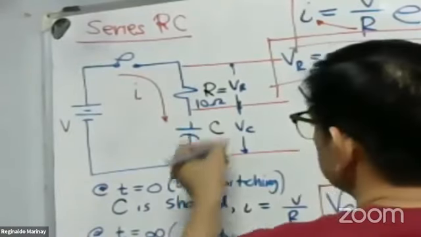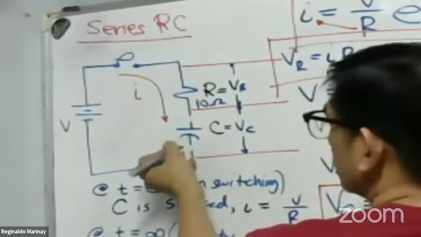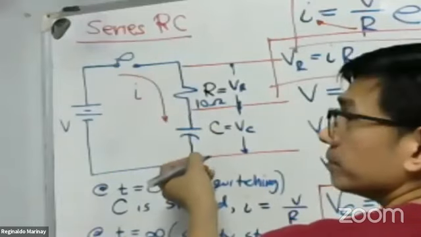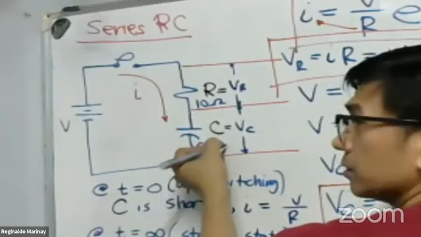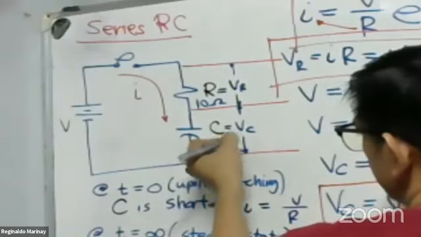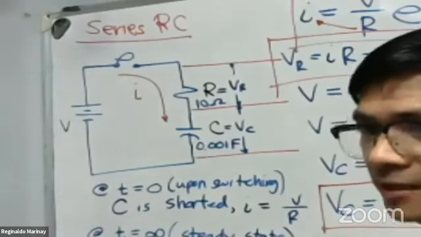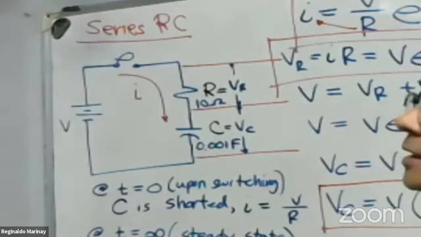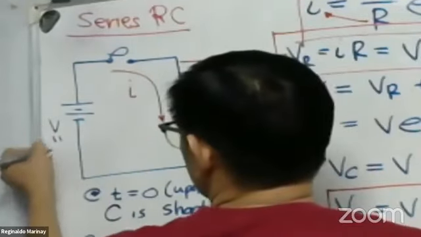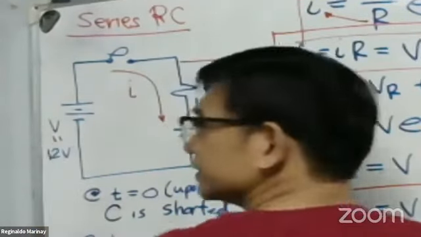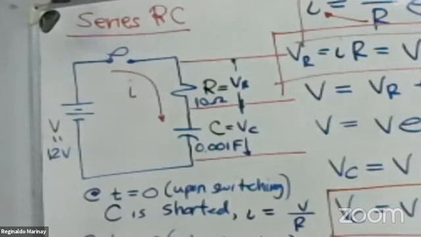Okay, and the capacitance is 0.001 farad. No? Please close out this portion. And then a 12 volts battery. Okay, so we have here 12 volts. So the unknowns are, these are the unknowns.